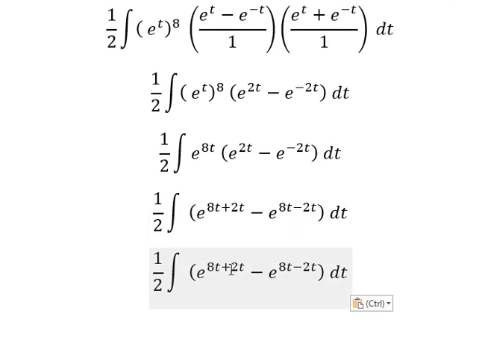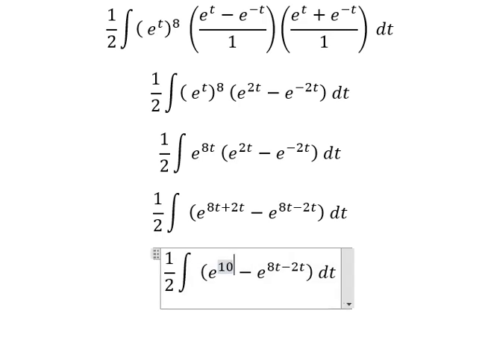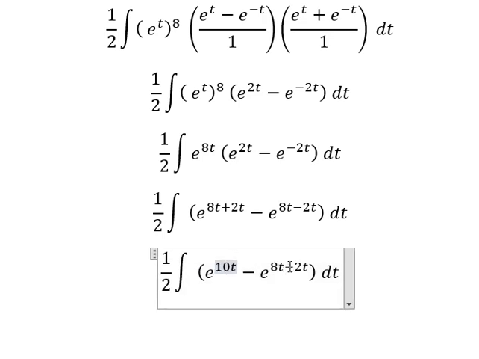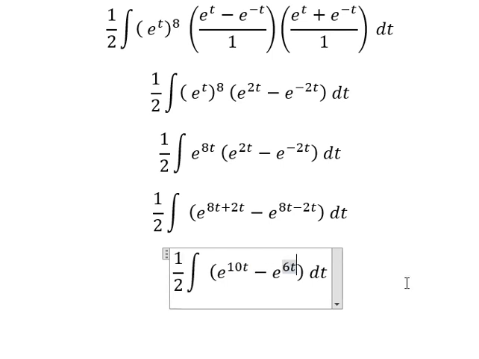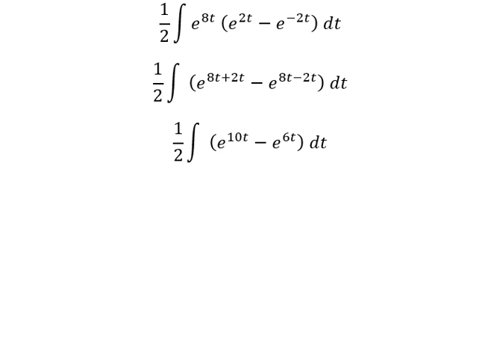So 8 plus 2 we have 10. So 8t minus 2t we have 6t. And now we have the formula in here.